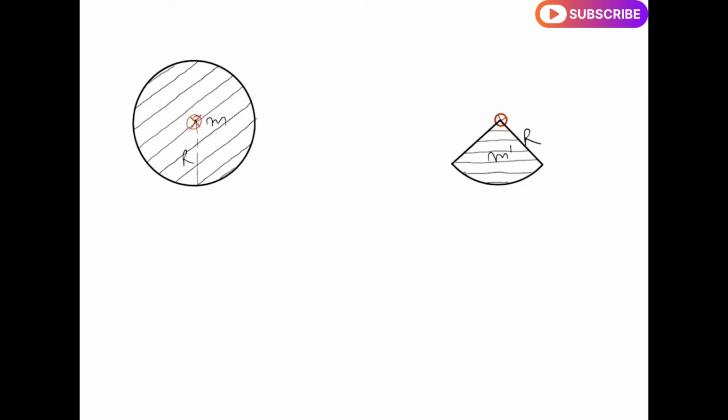Now let us consider another example, that there is a disk. You can see that there is a disk of mass m, and there is a slice of this disk of mass m dash. So you can consider that here would be that slice like that, and you can consider that this slice is removed from this disk.